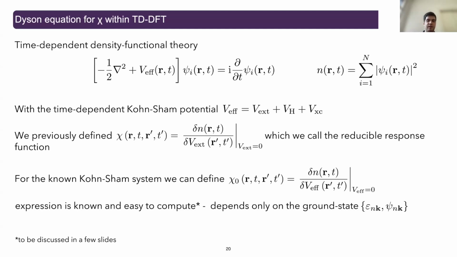But we can also define the response function, an irreducible one, where the density reacts to the total effective potential. This last function is actually easy to compute, and as I'll show later, it only depends on the ground state energies and wave functions, which we know how to compute in principle. Now, the only thing we need is to find a relation between both, between the response function that we know how to compute and the one that is unknown.